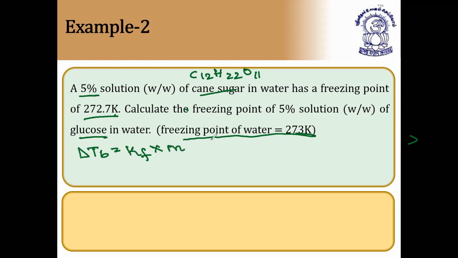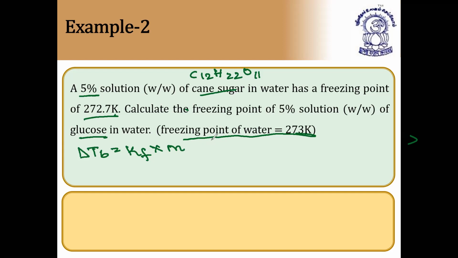But a 5% weight by weight solution means 5 grams of solute is dissolved in 95 grams of solvent. So 5% solution means what? 5 grams of glucose dissolved in 95 grams of water. That is the definition of weight by weight percentage.